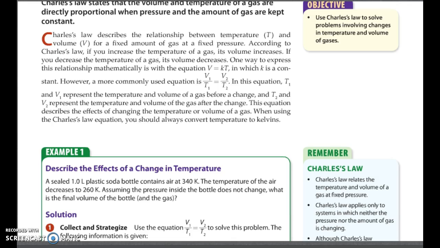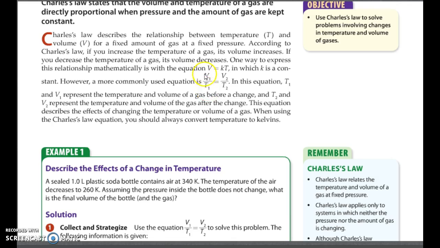Woohoo! According to Charles' law, if you increase the temperature of the gas, its volume increases. If you decrease the temperature of the gas, the volume decreases. One way to express this relationship mathematically is with the equation V equals kT, in which k is the constant. However, we're going to use V1 over T1 equals V2 over T2.